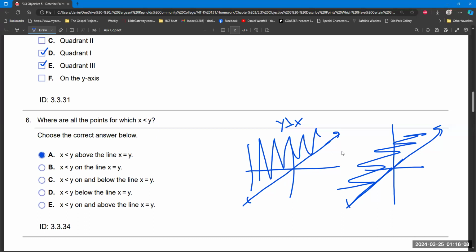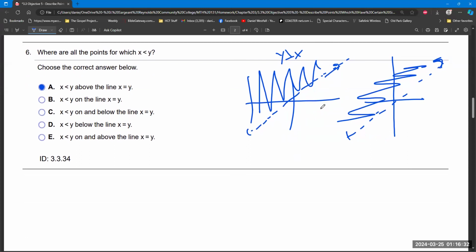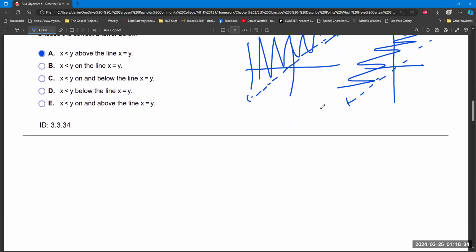So it's got to be strictly above. So this should be a broken line here because it can't be on the line since it's a strict inequality. So strictly above the line, because this does not say or equal to, it can't be on the line.